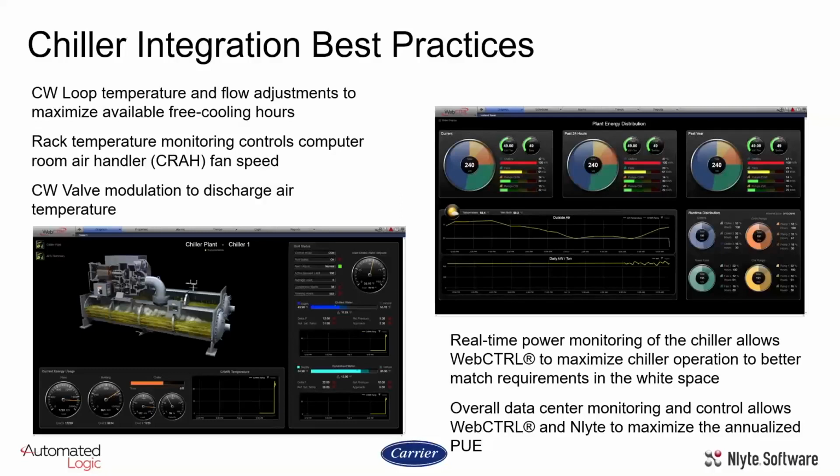And we can modulate the chill water valve position on the computer room air handlers with web control. So by using real-time power monitoring at the chillers, we can maximize the chiller operation and better match it to the IT load. Overall, with data center monitoring and controls by web control and Nlight, we can maximize the annualized PUE for any data center.